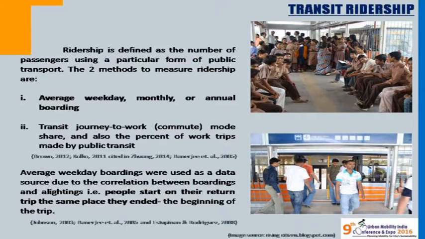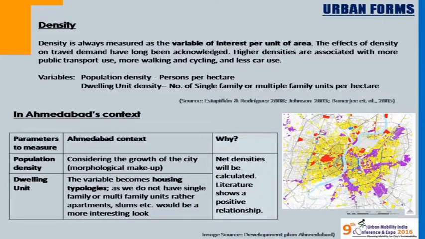Weekday boardings were taken, and only the transit work-to-commute journeys were taken into consideration, as people start the return trip at the same place that they ended. So just taking boardings was enough. Then the urban forms of density and diversity were taken up.